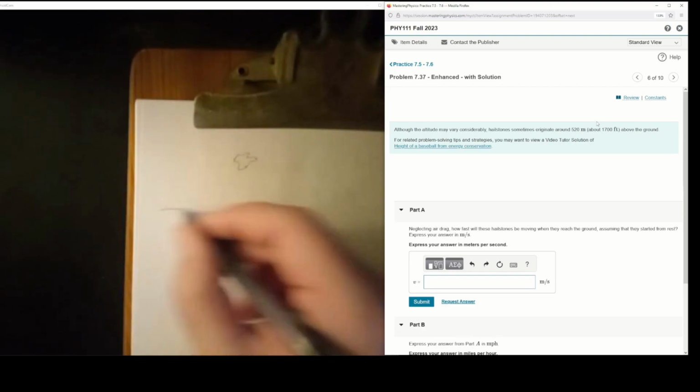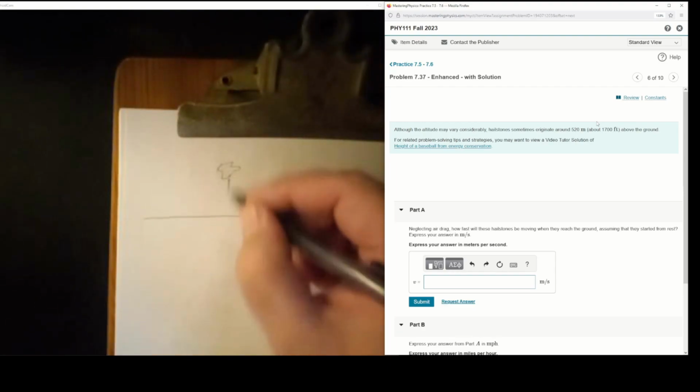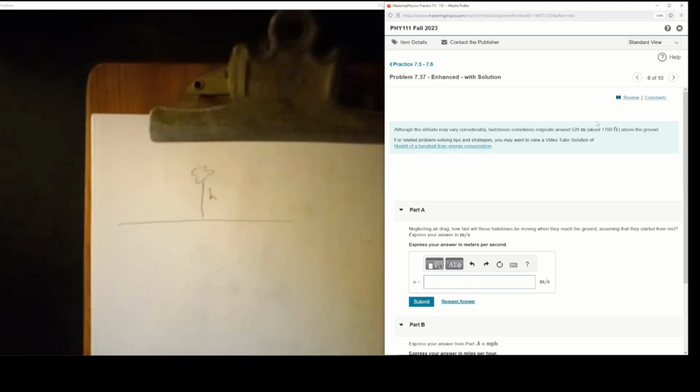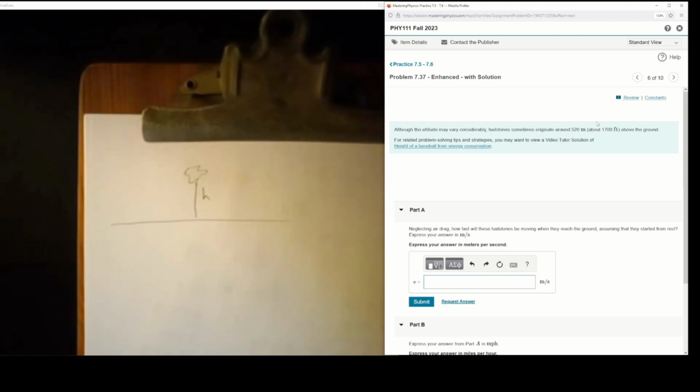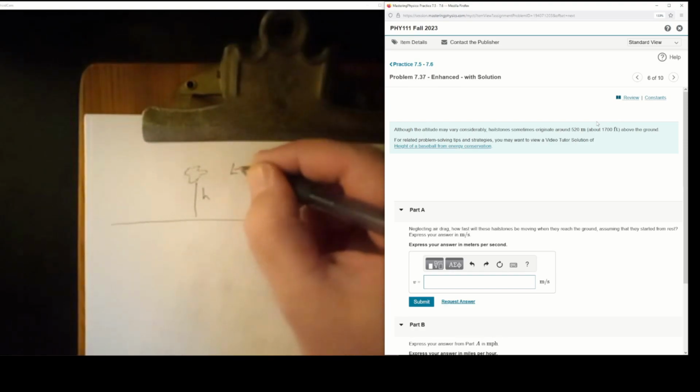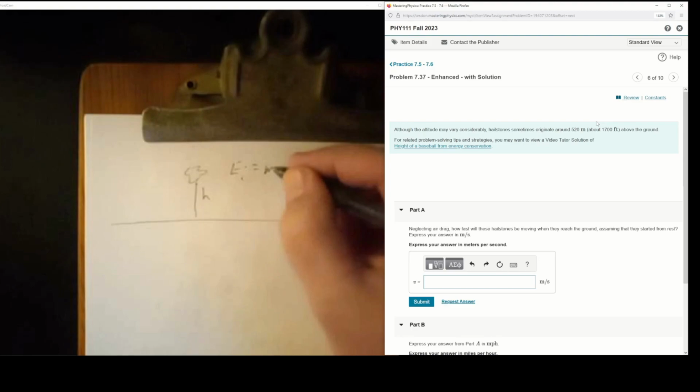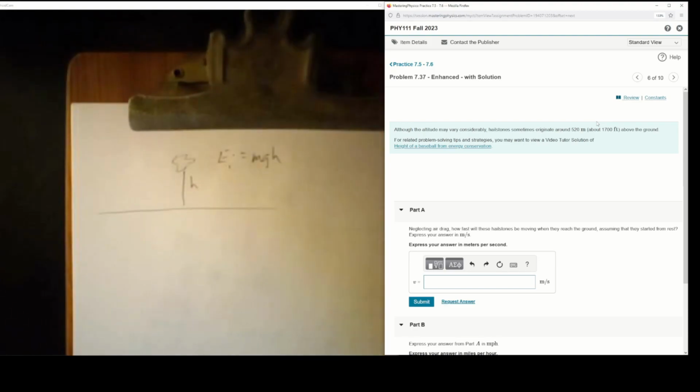Doesn't quite say that, but that's our assumption here. And it's some height above the ground. And that is important because if it's starting at rest, then it has no kinetic energy. So the only initial energy it has is from gravity, mgh. It has potential energy from gravity, and we are going to assume it starts from rest.